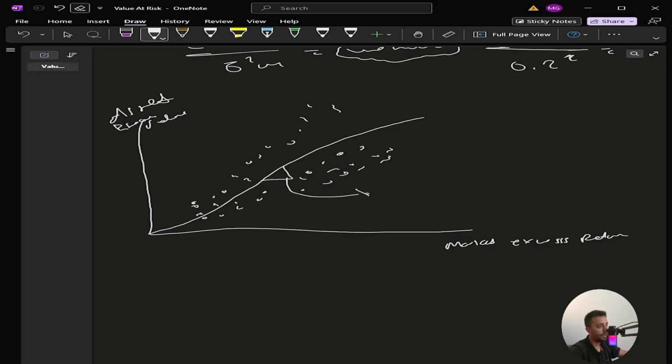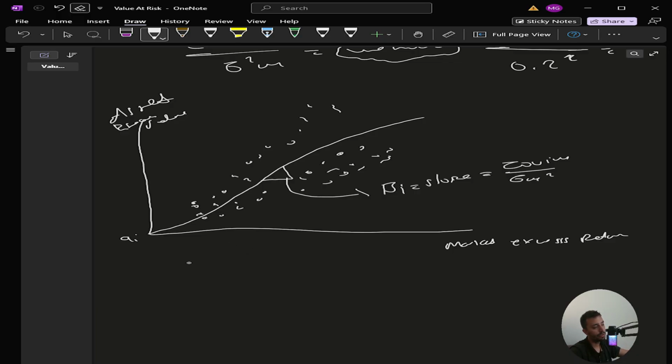Anyway, beta equals the slope: the covariance of market and asset divided by the variance of market. This is our regression analysis and least squares regression line, however you want to say.